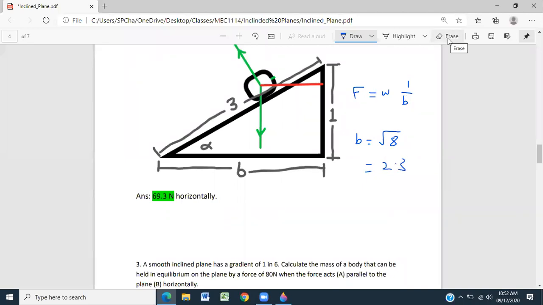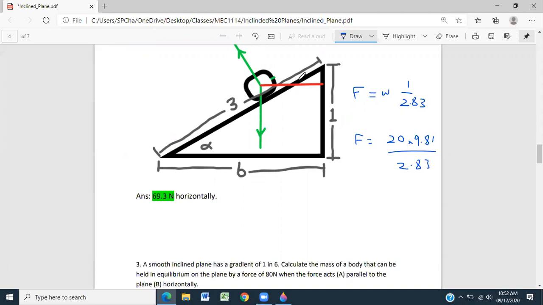So now let's add b in as 2.3. Is it 2.3 though? Nah, 2.83. Then substituting now weight: F is equal to the 20 kgs times the 9.81, which is gravity, divided by that 2.83.